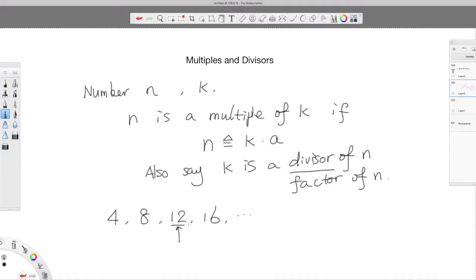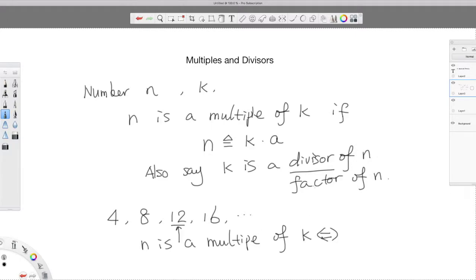Okay? And we also know that, just from this definition, to verify n is a multiple of k, we take n and divide by k. When we do the division, there's a quotient and then there's a remainder, if you're only concerned about division in integers.